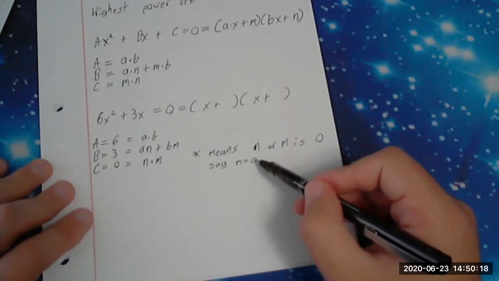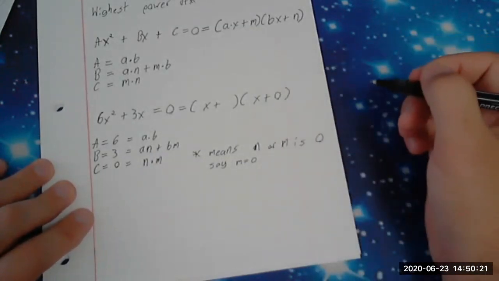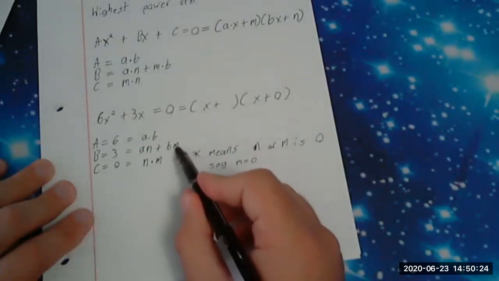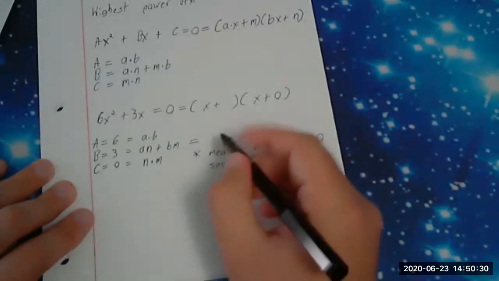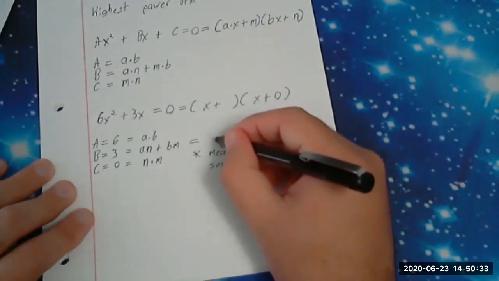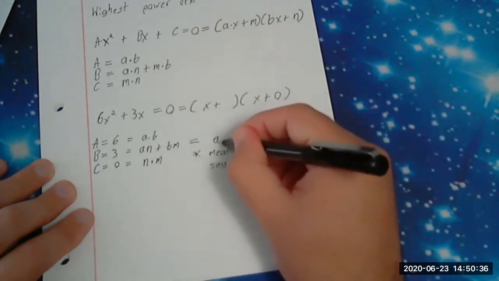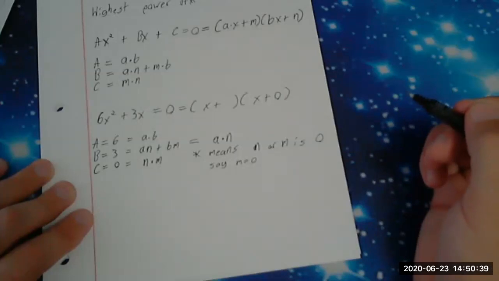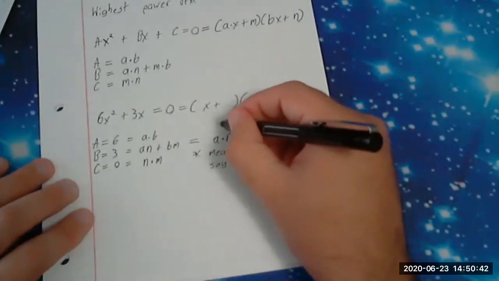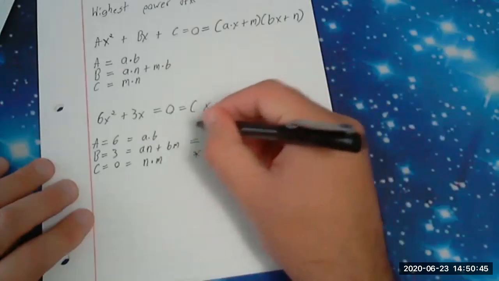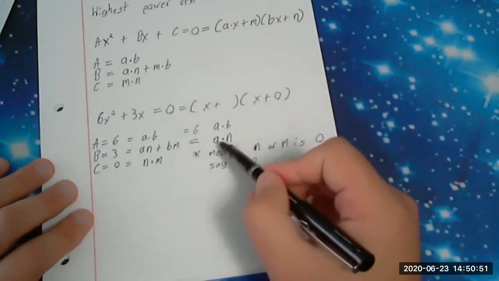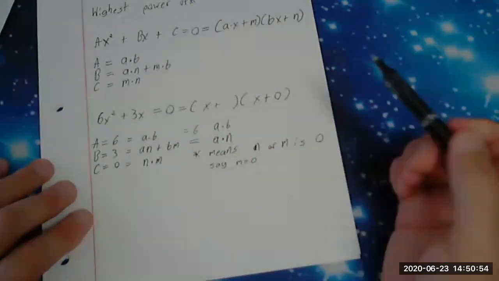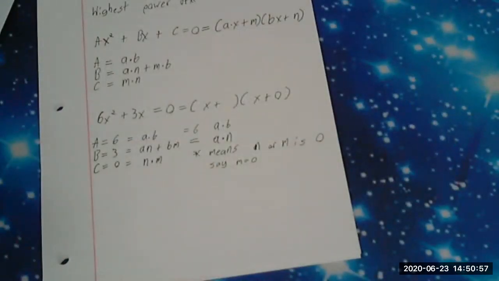So then in our little breakdown up here, we know we can go ahead and plug in 0 for M. And it also means that 0 times B is still 0. So that means that this number is just A times N. So if A times B is 6 and A times N is 3, what common factor do 6 and 3 have in common?